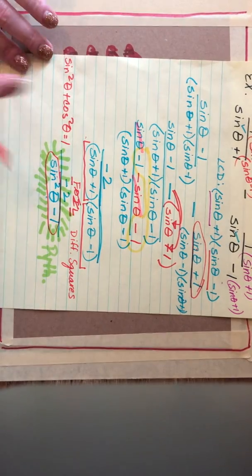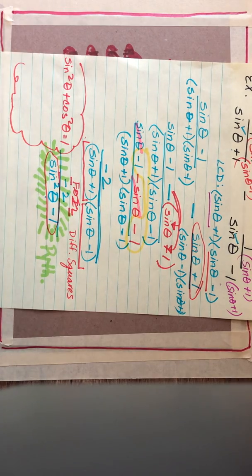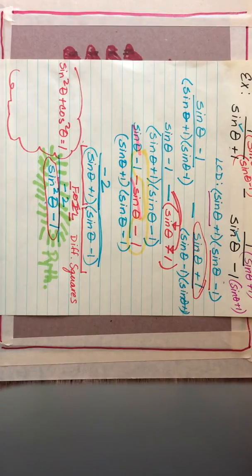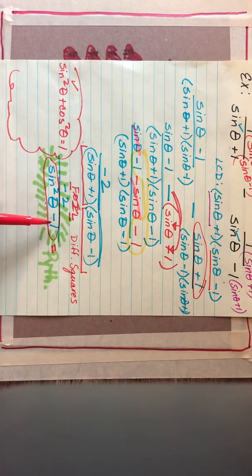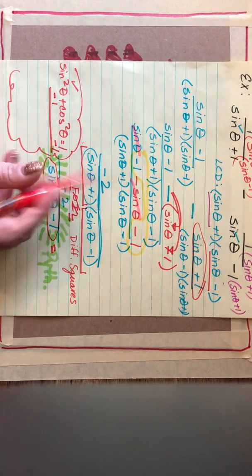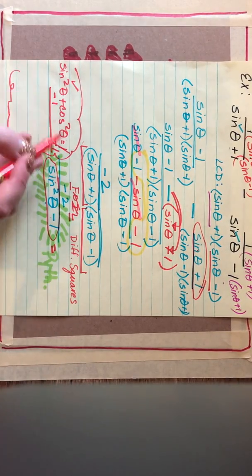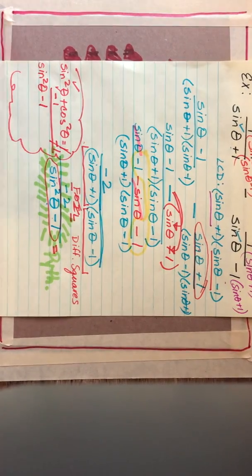I want to make this Pythagorean identity somehow look like sine squared theta minus 1, and it's going to be equal to some other junk. So let's try and make this sine squared, oh, that's good, minus 1. So that means I need to subtract this 1 over. Okay, so the minus 1 is in a good spot because we have sine squared theta minus 1.